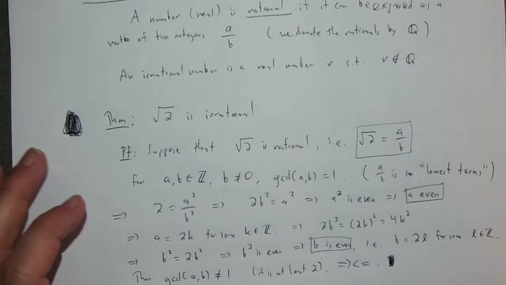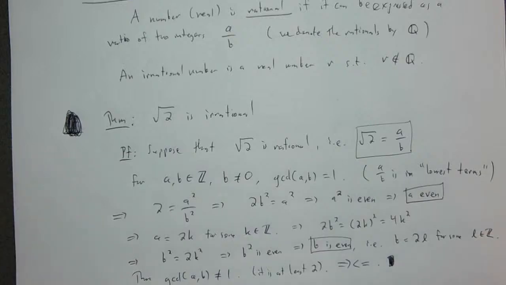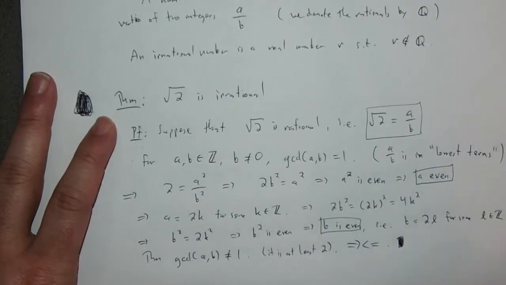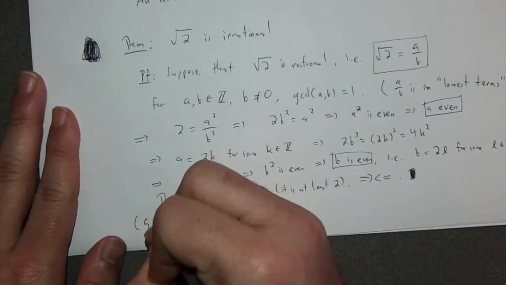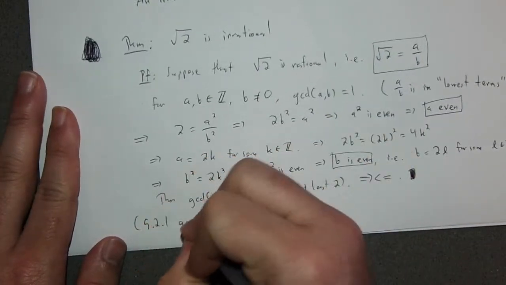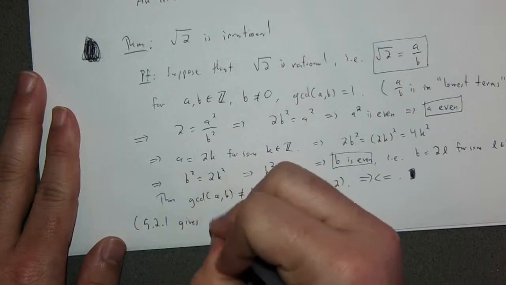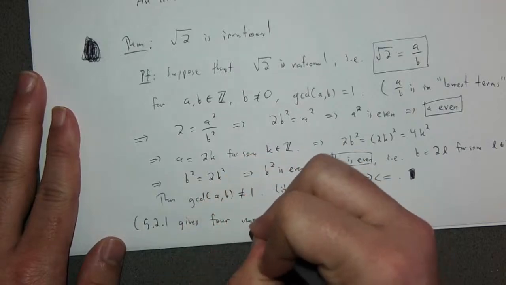So the textbook is going to list like, I think, 3 or 4 other ways of proving this. I'll mention one of those ways later in passing, but if you want to have a look at those, this is 5.2.1. 5.2.1 gives 4 more proofs of this fact.